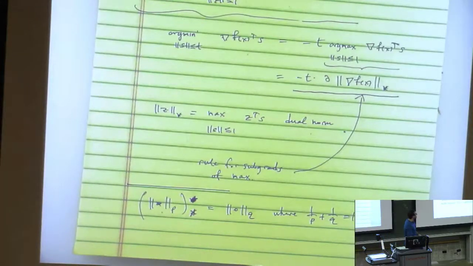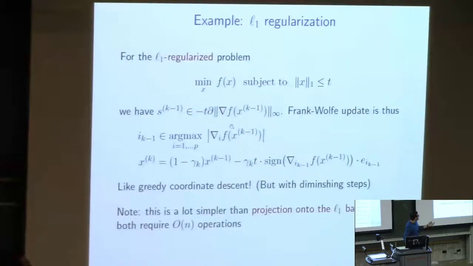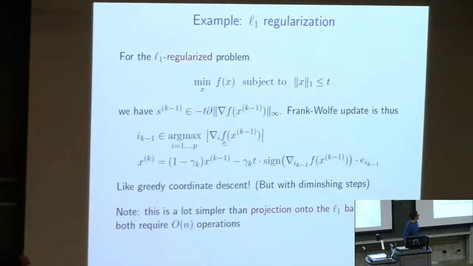And what are the subgradients of the max in absolute value? That function, max of all the coordinates, well, you know what that is. A valid subgradient, for example, is to take one of the components that achieves the max in absolute value and put all of my weight there.